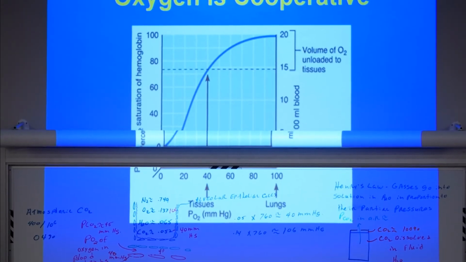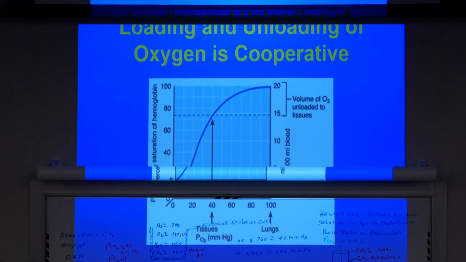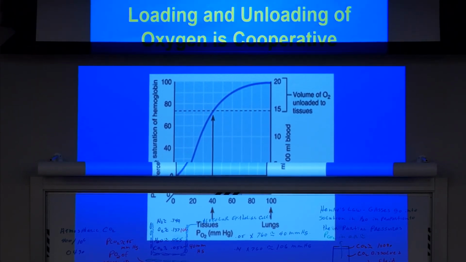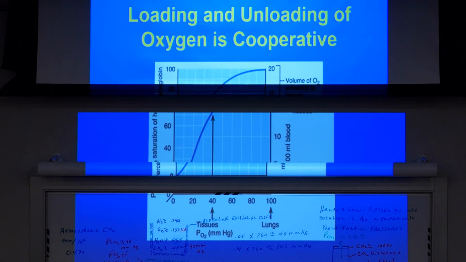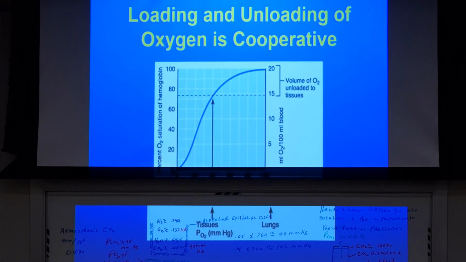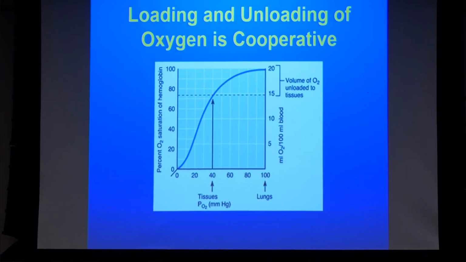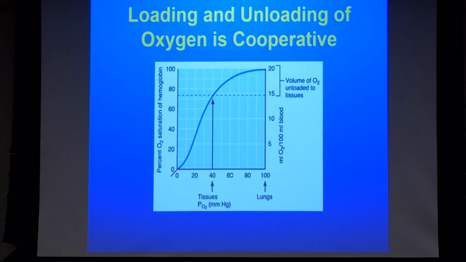Now, this first slide is just a formalization. It's a more accurate drawing of what I put on the board. And this is simply describing the relationship between the partial pressure of oxygen and the percent saturation, showing that by the time we get up to 100 millimeters of mercury, we're virtually fully saturated.